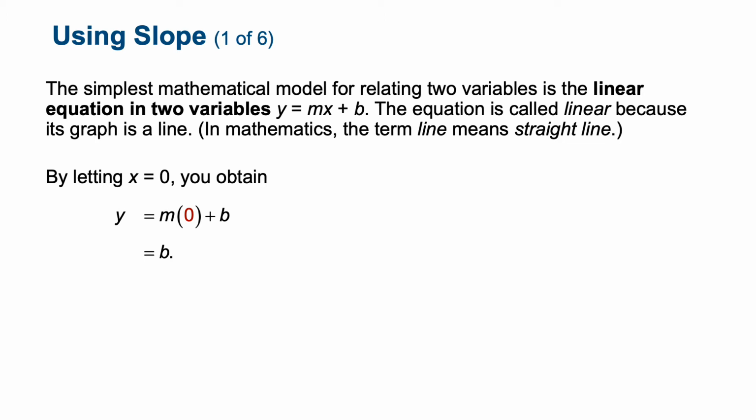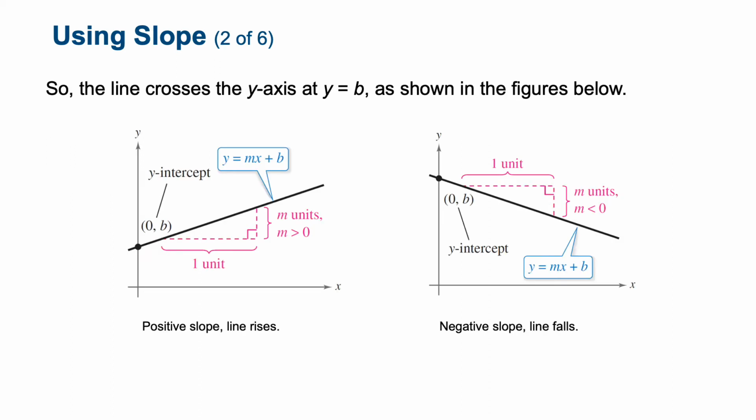So when you let x equal 0, you get y is equal to m times 0 plus b, which means it's just b. So what is that saying? That's saying that your y-intercept is b, yeah? So the line crosses the y-axis at y equals b here. So you get the point (0, b), it's the y-intercept.